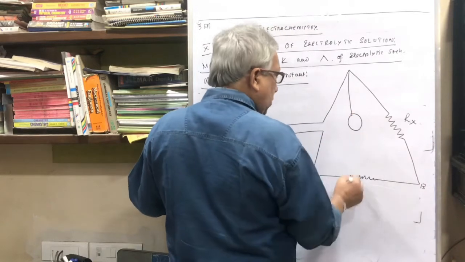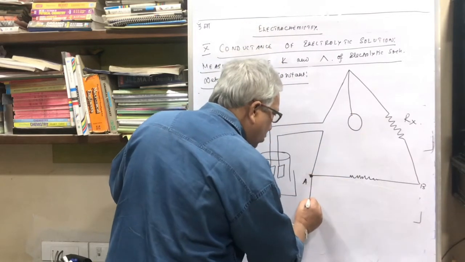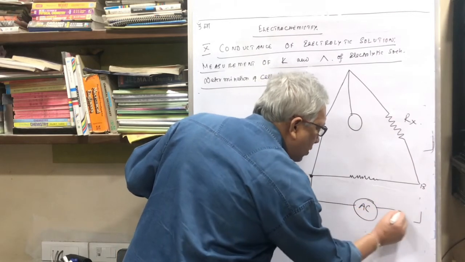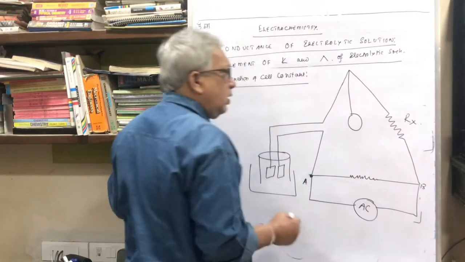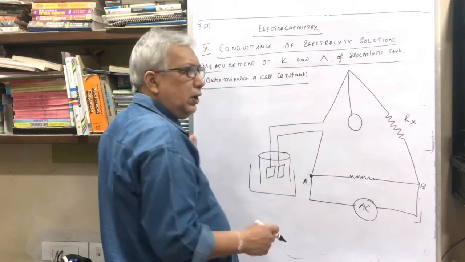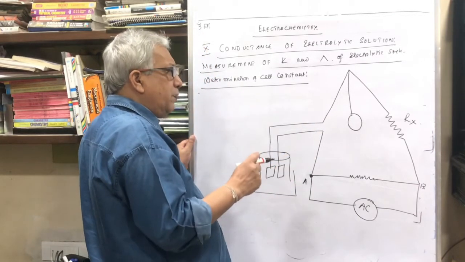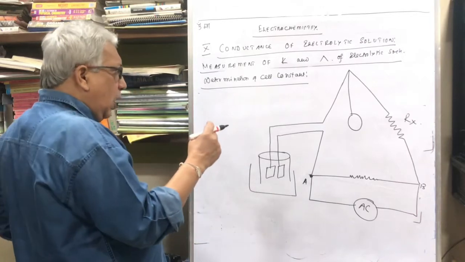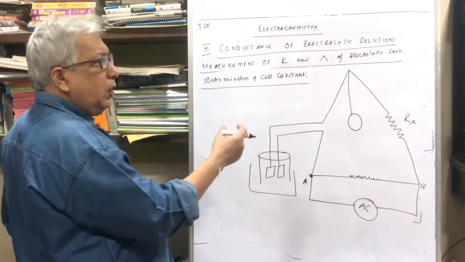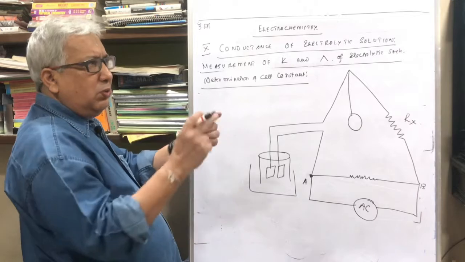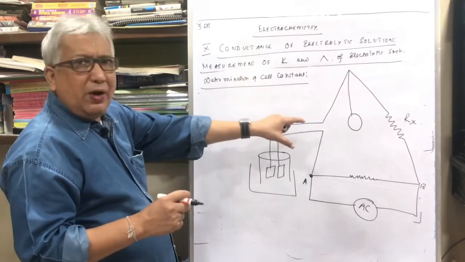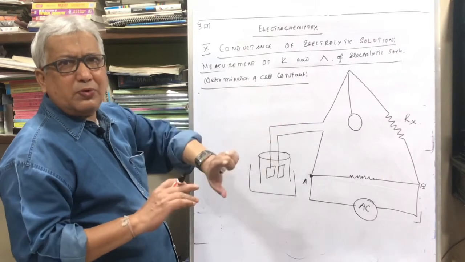We will be using an AC source, alternate current source, which is shown in this manner. So it is connected to the alternate current source, and this is a current indicator. The current indicator is either a headphone or a magic eye. Magic eye will be a flickering light, and when the current stops coming, you will find that the light stops flickering.